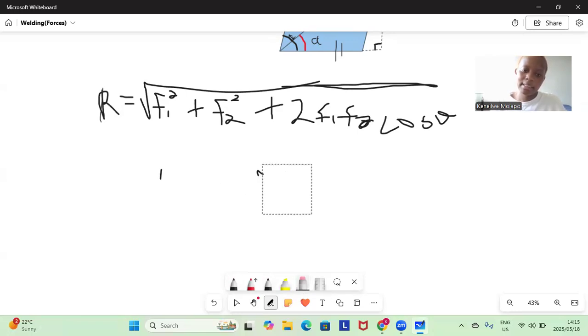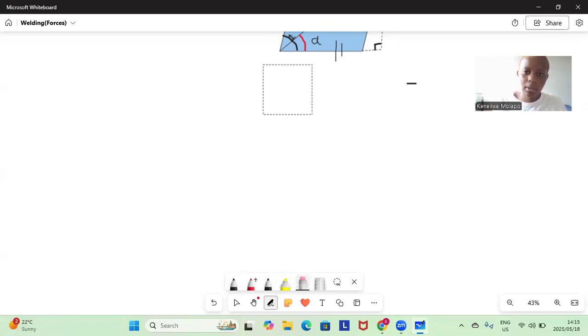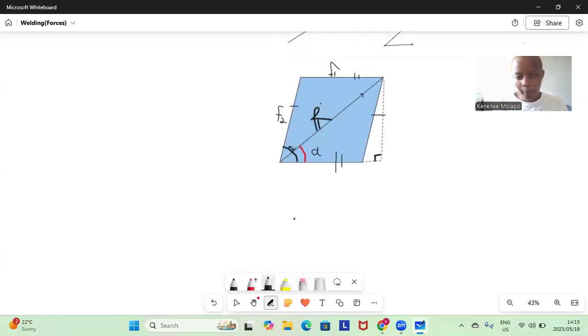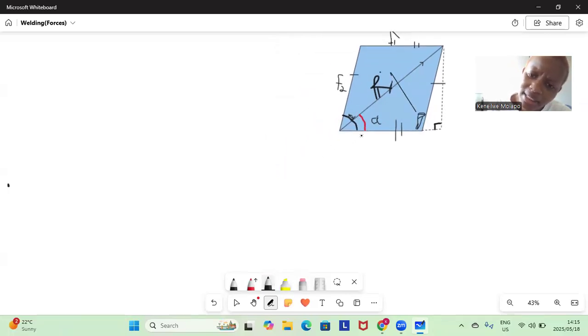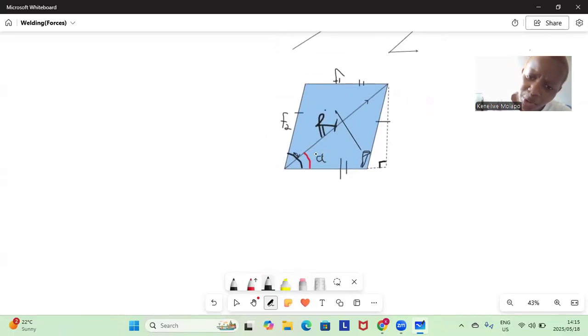There is this other thing I want to highlight. You can see here we have a triangle, so this means you have this triangle and that triangle. Let me give an example. Maybe here you have 90 degrees. If you have 90 degrees here, it is simple to find your resultant, and you also have your angle here. This here will be your opposite.